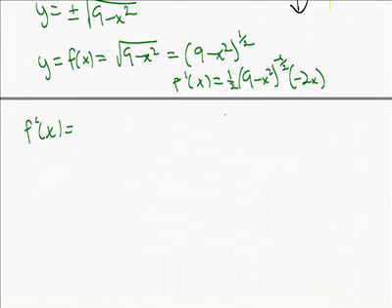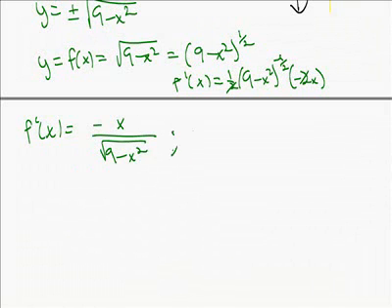And so let's formalize this a little bit better. f prime of x, to make it look nicer, is, let's see, you got a 2 and a 1/2 here, so those divide to 1. We're basically left with a negative x divided by the square root of 9 minus x squared, because that negative 1/2, remember, throws that 9 minus x squared to the denominator, and the square root is the same as 1/2 power.